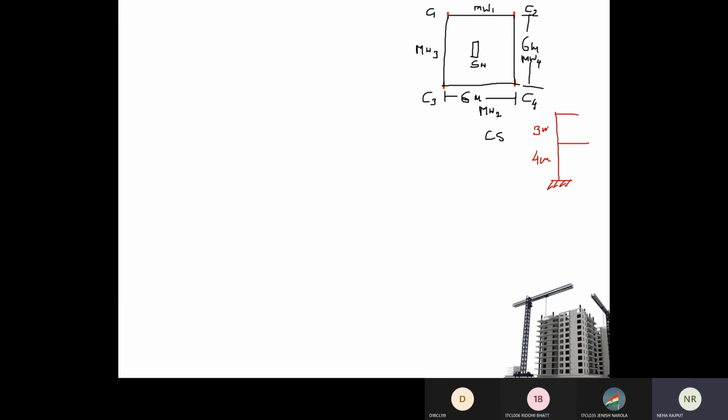So if this is 4 meter, 3 meter, if this is your level 0, this one is level 1 and level 2, then you are going to find the center of stiffness point for level 1, level 2 or whatever will be the height of your building. So we will find first center of stiffness for level 1.